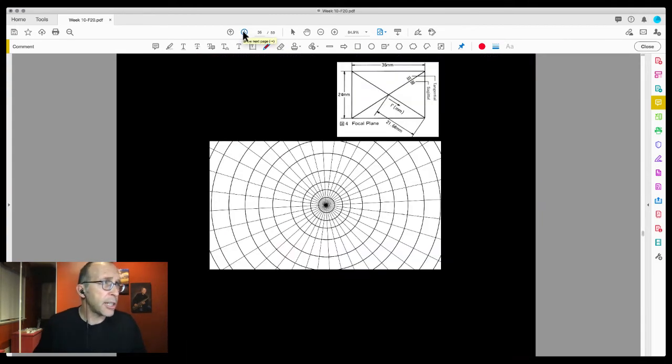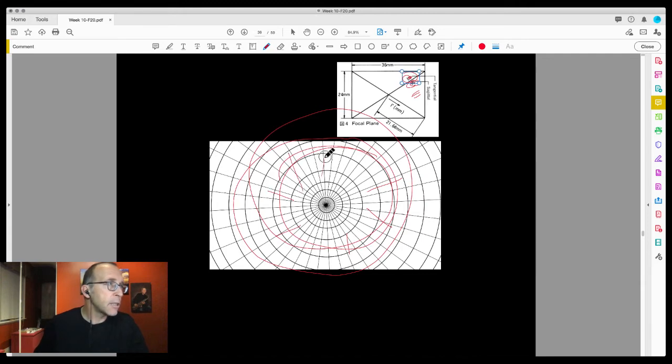And I just can't stress enough, we always see these lines as being, if you look in the corner there, it looks like they're just 90 degrees to each other and always that direction. But really what this line right here, for example, is representing is these lines that go this way, kind of like the rim of a wheel. And these lines here that go this way are actually representing these lines here that are like the spokes of the wheel.